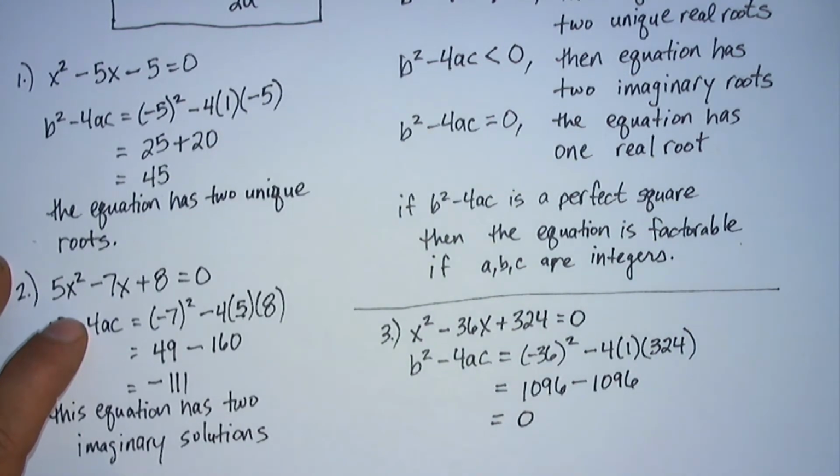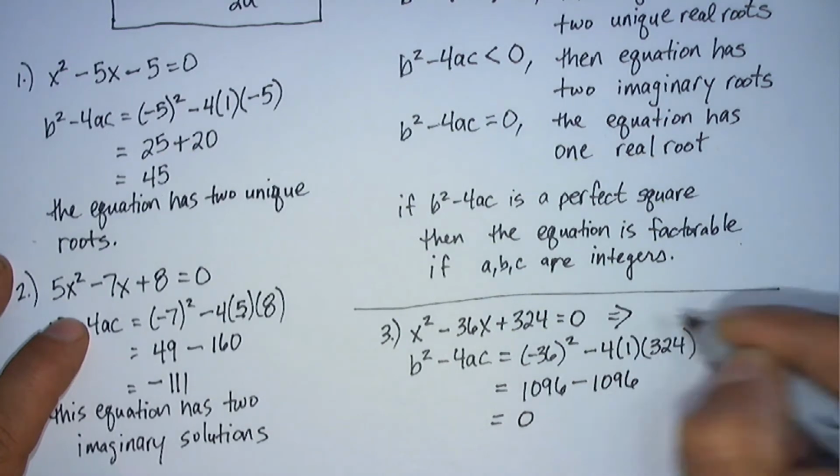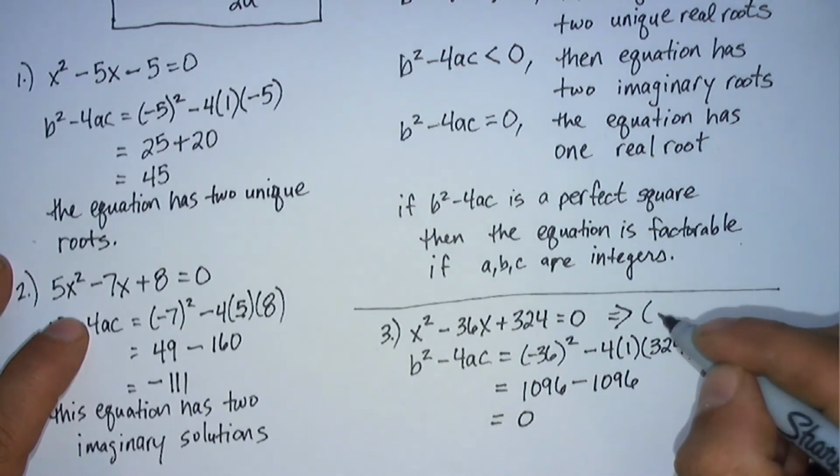Now this comes up because this is a perfect square trinomial. And factoring is not something that we're really going to be looking into, but factoring is a way to solve these. And you notice it's a perfect square trinomial because this is a perfect square, and the lead coefficient here is a perfect square. So we could factor this also just to prove that it only has one real solution. The square root of 324 is 18.